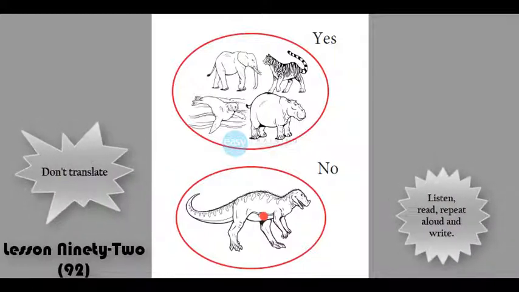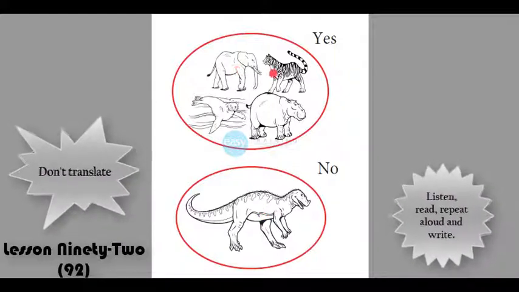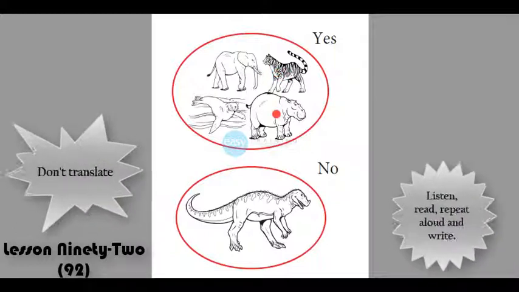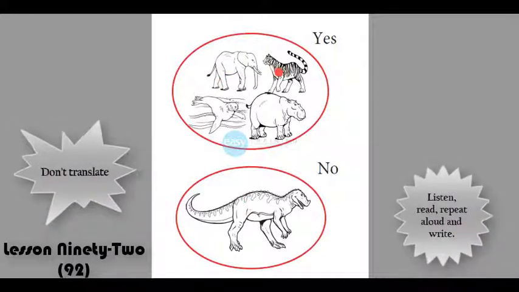Then it is possible to say that in the zoo there are elephants, tigers, hippos, and sea lions, but there are not dinosaurs. Let me say that again. In the zoo, there are elephants, tigers, hippos, and sea lions, but there are not dinosaurs.